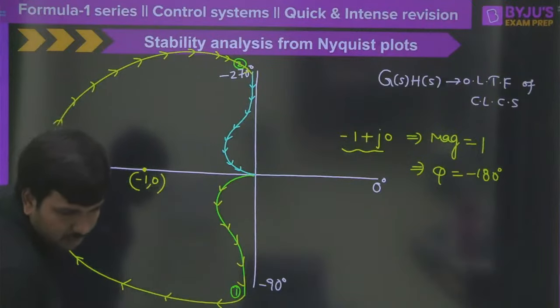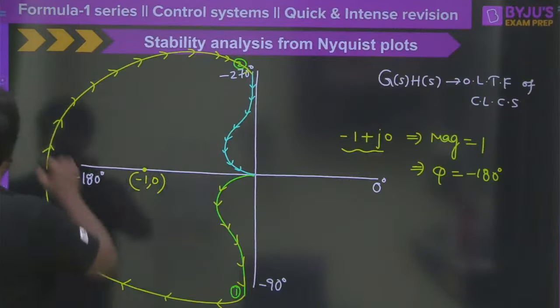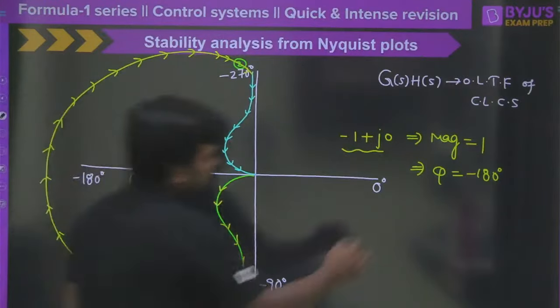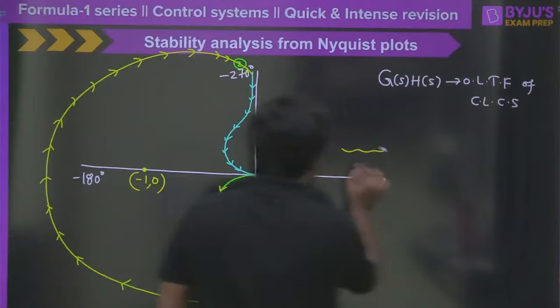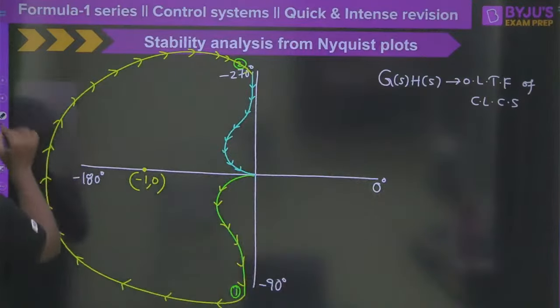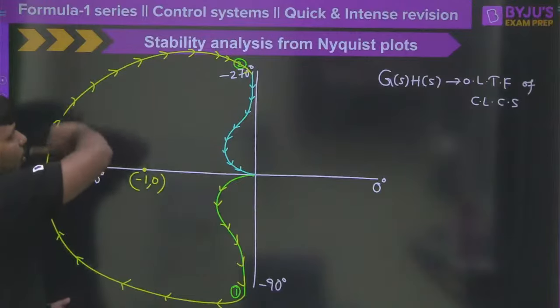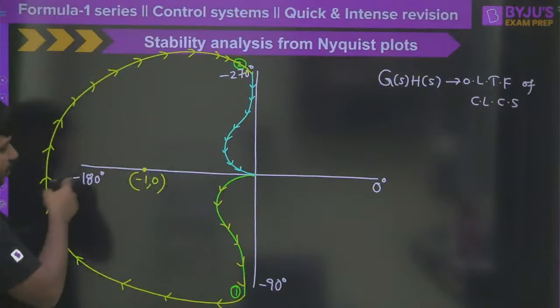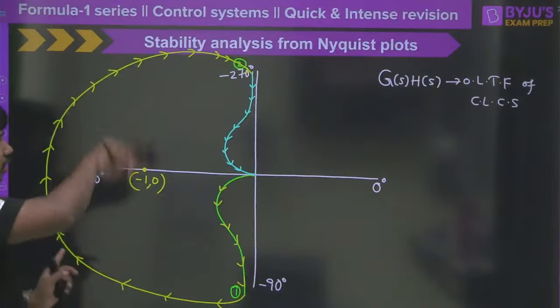After getting the critical point of stability here, what must we do here? Simple. At the critical point of stability, or minus 1 comma 0, look at how many anti-clockwise encirclements are done about minus 1 comma 0. Anti-clockwise encirclements.